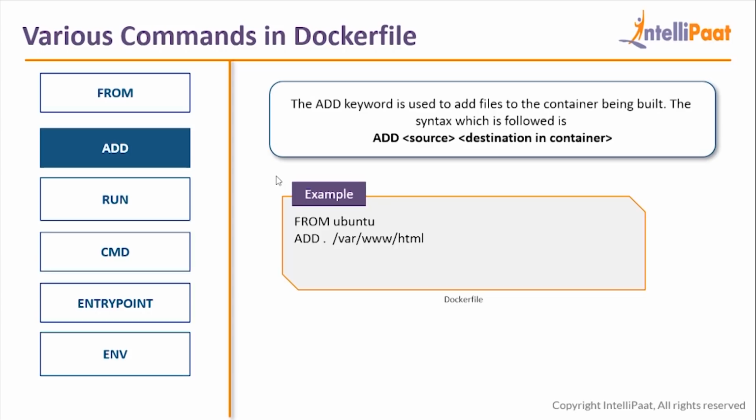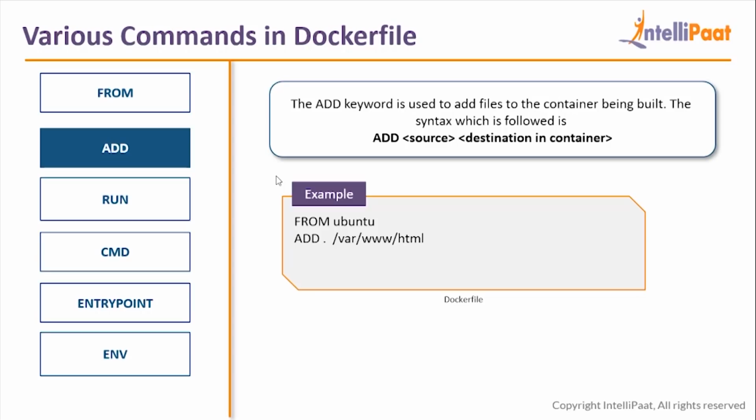The second command would be ADD. ADD is basically used to add files inside a container. For example, say I create an HTML file and I want that HTML file to be added inside the Ubuntu container.